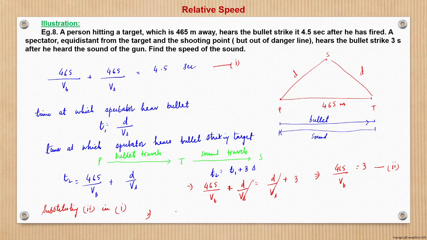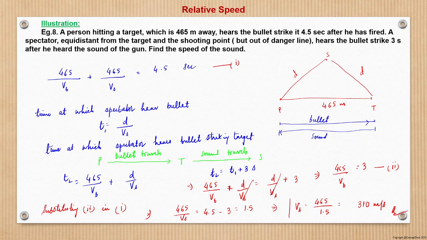We get 465 by Vs is nothing but 4.5 minus 465 by VB, which is nothing but 3. So this becomes 1.5. From here the velocity of sound is 465 upon 1.5, and that is 310 meters per second. That is the answer.